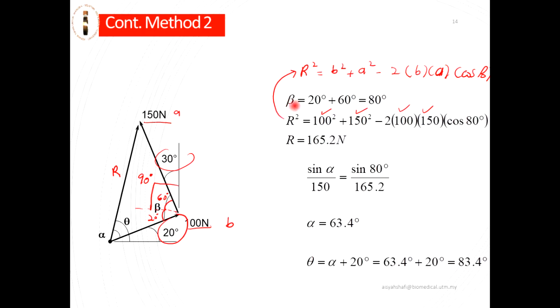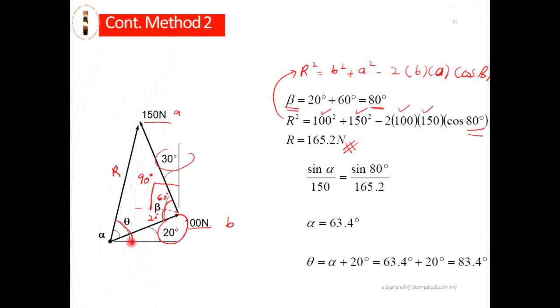That's why beta is 20 plus 60 equal to 80. So use cos 80 here, and then you will get R equal to 165.2 Newton.